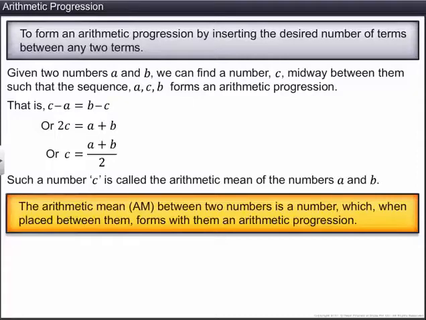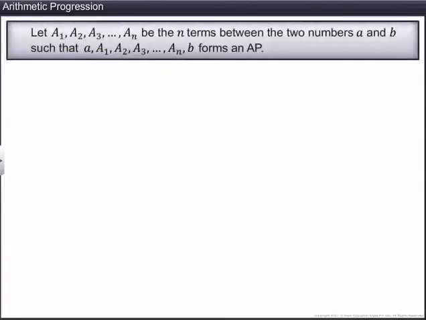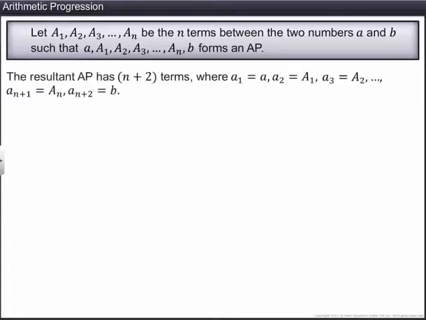In general, we can insert any number of terms between two given terms such that the resulting sequence is an arithmetic progression. Let us insert n terms between a and b such that the resulting sequence forms an arithmetic progression. This resulting arithmetic progression has n plus 2 terms, where a is the first term and b is the n plus 2th term. Now, the n plus 2th term is b.